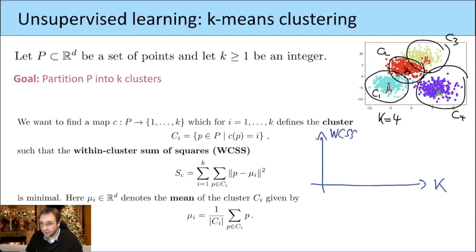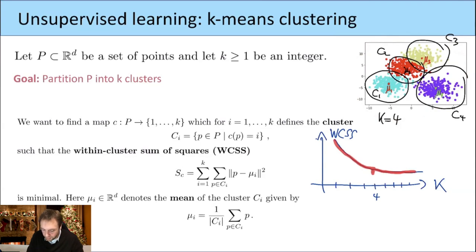of squares. And of course, if you increase k, if you allow to have more clusters, then this number becomes smaller and smaller. But you will see that in this case here, for example, where maybe the real answer is 4 clusters, that before 4, you will maybe really decrease the value, but after 4, there's not really a big decrease.